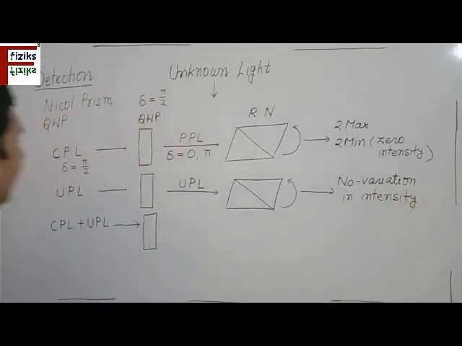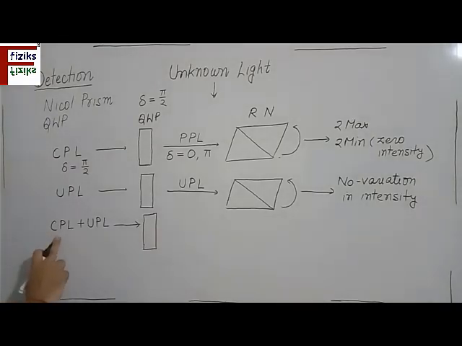So in case of unpolarized light, it will remain unpolarized through the quarter wave plate, and when it is passed through the rotating Nicol, on the emergent side we will observe no variation in intensity.